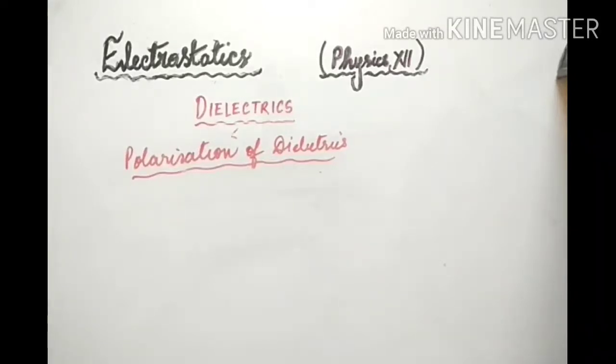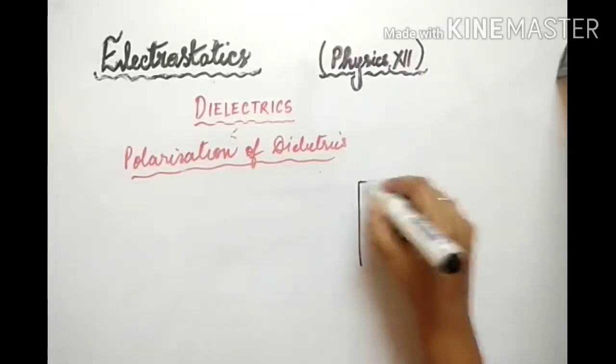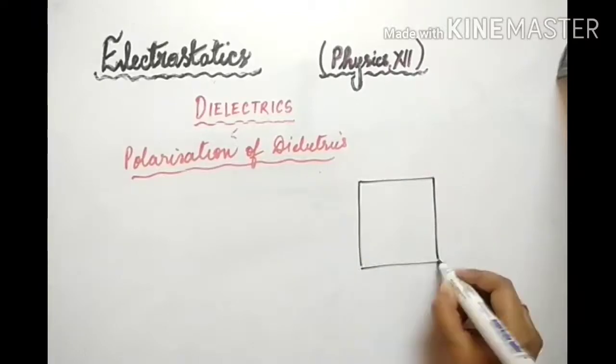Polar and non-polar dielectrics develop a net dipole moment when placed in an external electric field, and this phenomenon is known as polarization. Suppose you have a polar dielectric.